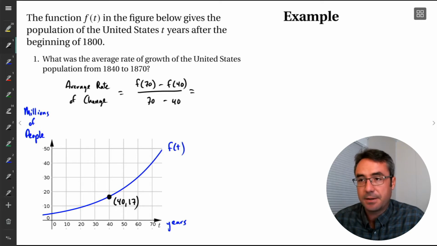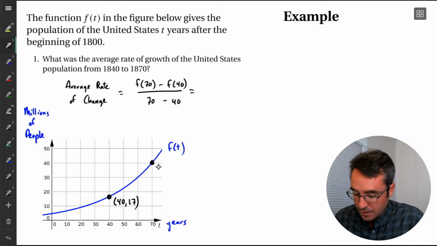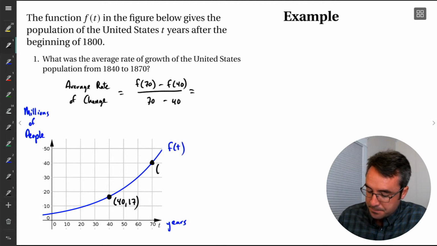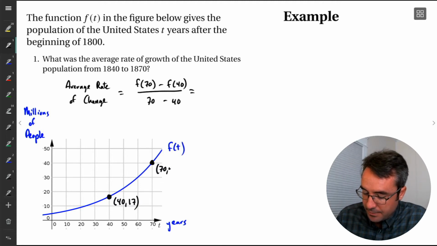We're just estimating. And then for 70, that point looks to be right around here, and maybe that's 40? Maybe 41? What do we want to call it? Let's call it 40. So I might call this 70, 40.